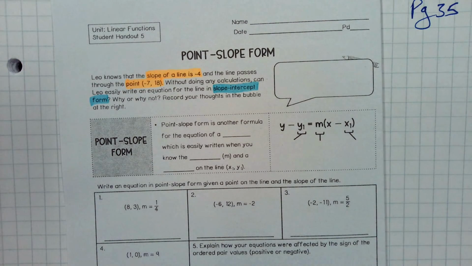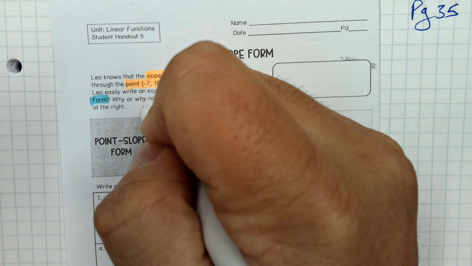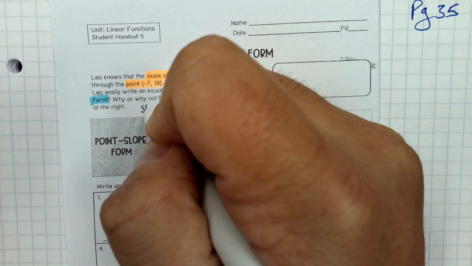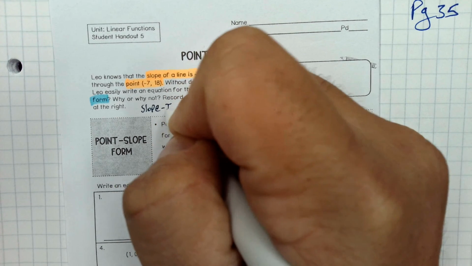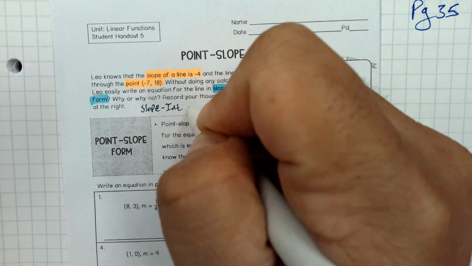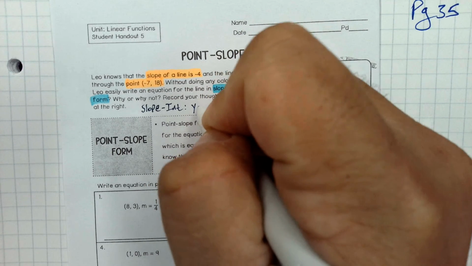So before we get into answering it, why don't we write down what slope-intercept form is? Anyone recall slope-intercept form? Yeah. Y equals mx plus b. So slope-intercept is y equals mx plus b.